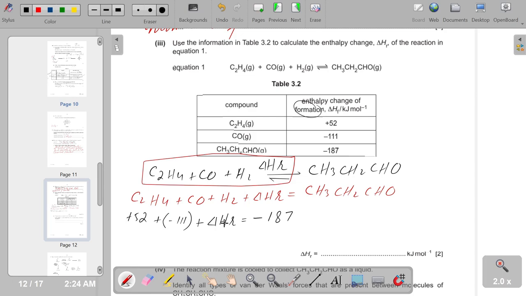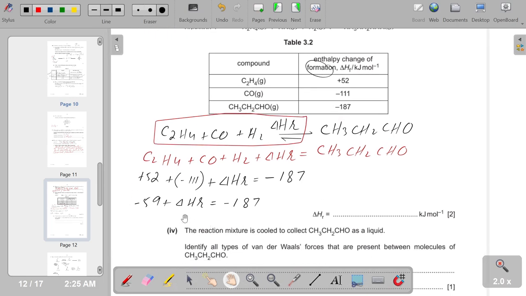Okay. So first you can solve this part: minus 111 plus 52. If you solve this, you get minus 59 plus delta HR equals minus 187. Is it clear? So now you can see how to find this delta HR. The minus 59, when it moves, becomes positive 59.